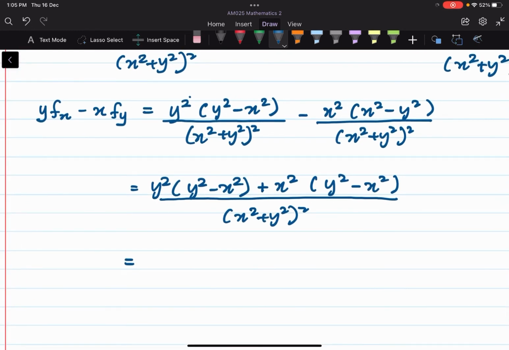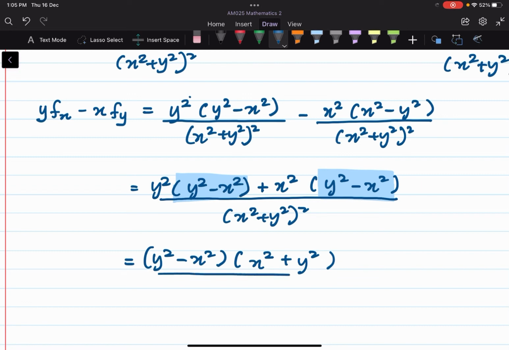And if we factorize the y squared minus x squared, because these are the same, then we're left with y squared plus x squared, or we may write it as x squared plus y squared, divided by x squared plus y squared.